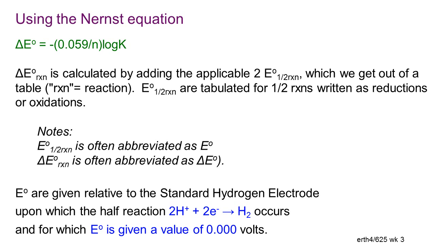And then we look at all other half reactions relative to that, so that if they flow electrons or don't flow electrons in a relative sense, they will have an E naught value which is negative or positive relative to that one.